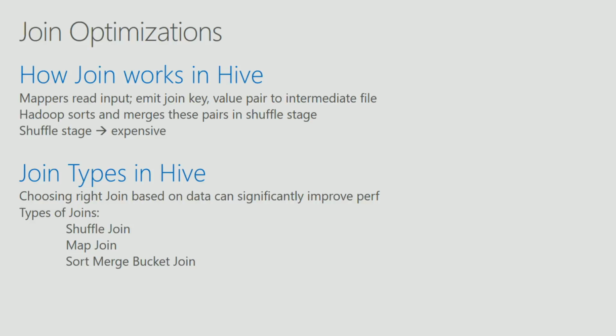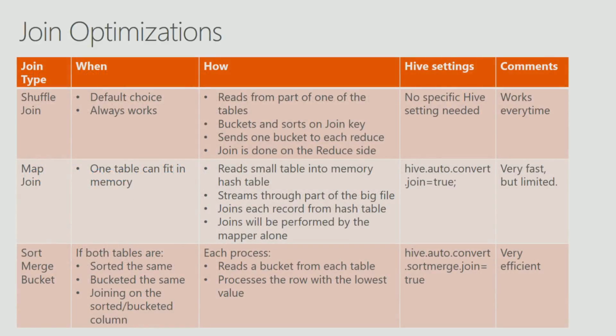So if we can do anything to avoid that, that would significantly improve performance. There are 3 types of joins that Hive has: shuffle join, map join, and sort merge bucket join. And we'll discuss each of them. And then I actually have a demo to show you how, if I run the same query with 2 different joins, what the performance difference is.